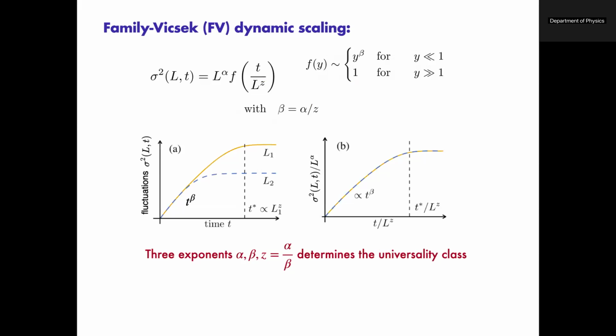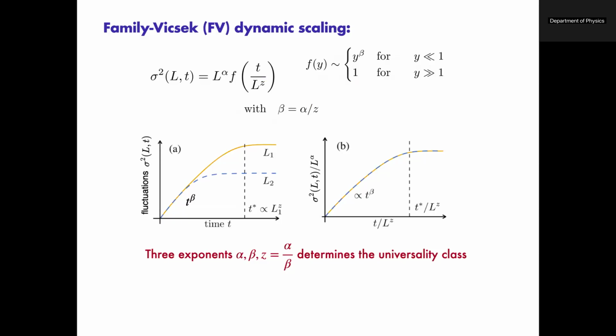Here I'm showing it dynamically: alpha, z, and beta. These 3 exponents are not independent. There is a strict relation obeyed by alpha, beta, z. And the most important thing is that these 3 exponents define a universality class.